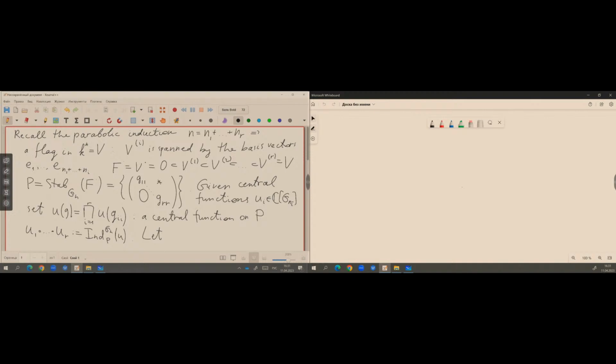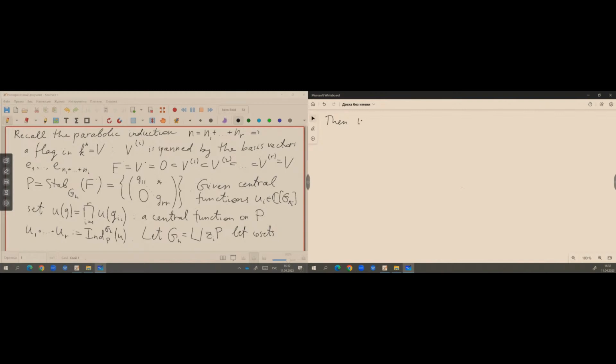Well, let's consider the partition into the left cosets. And then we can write the formula for this induction.